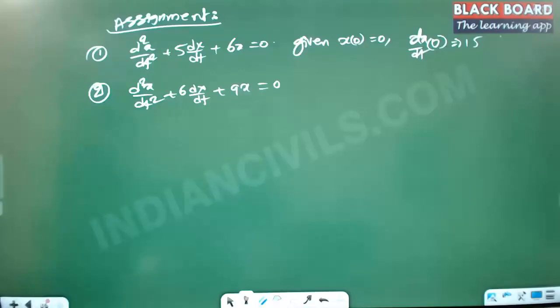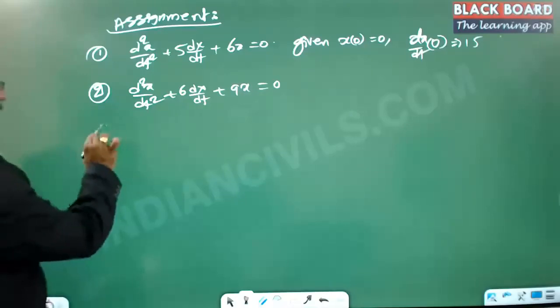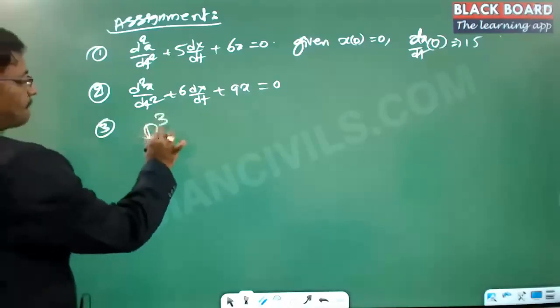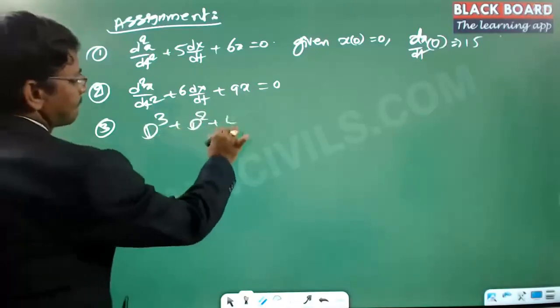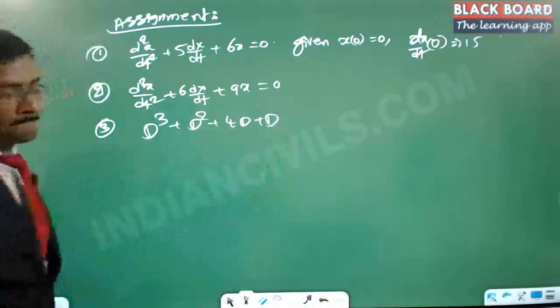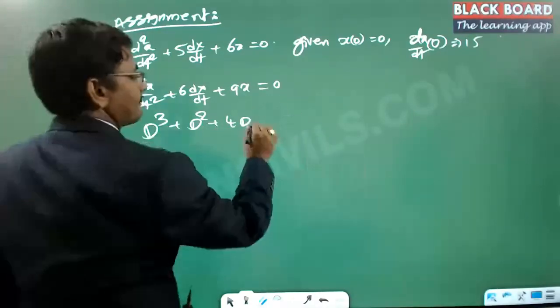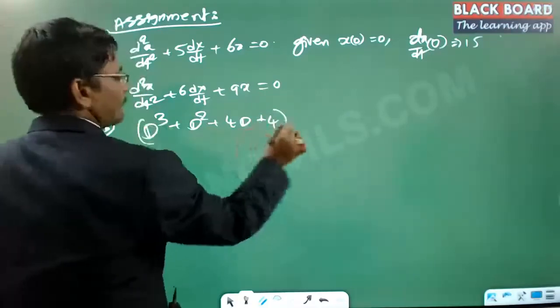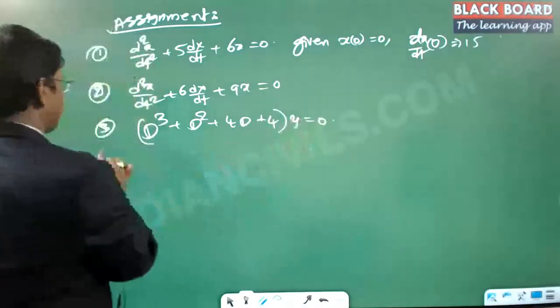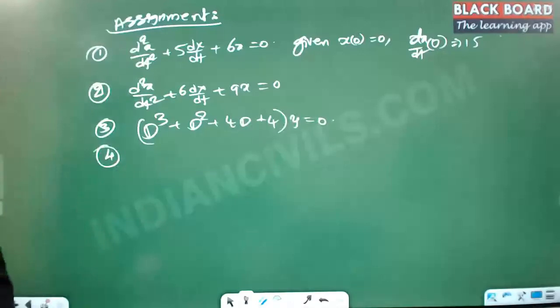And D cube plus D square plus 4D plus 4. D power 4 minus 4D plus 4.